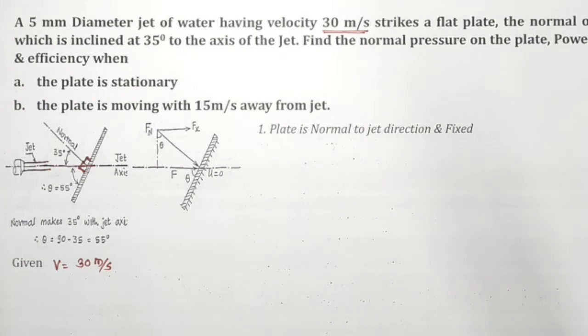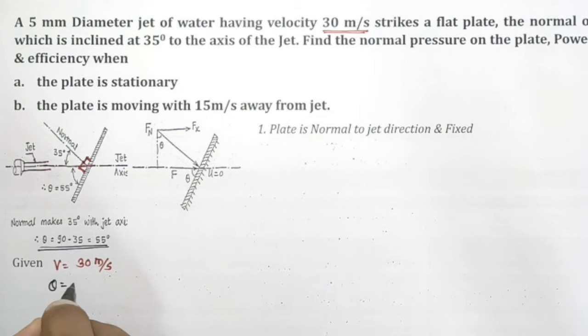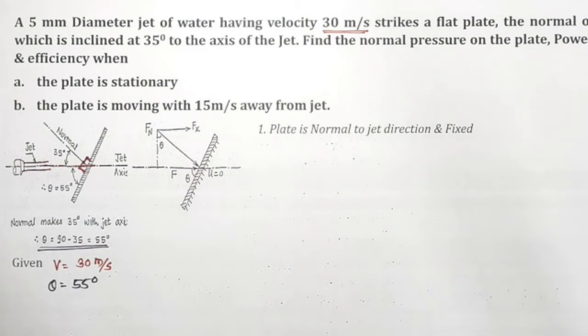Now what is given in this problem is that, from this analogy, we have found theta is equal to 55 degree. Already I have explained that thing. The diameter of this water jet is d is equal to 5 into 10 raised to minus 3 meter, converted into meter.